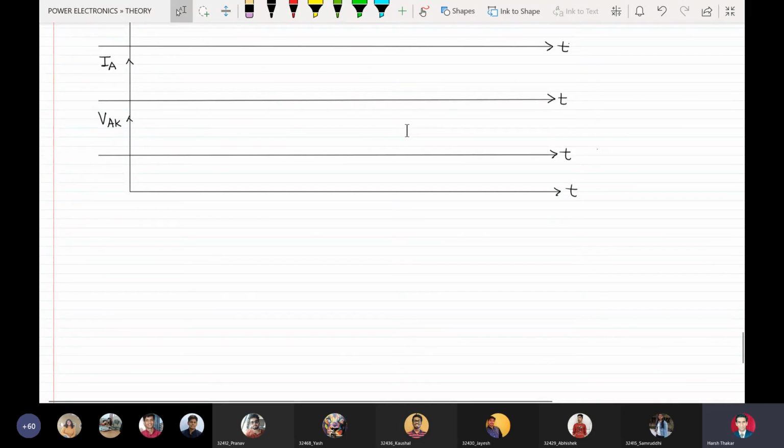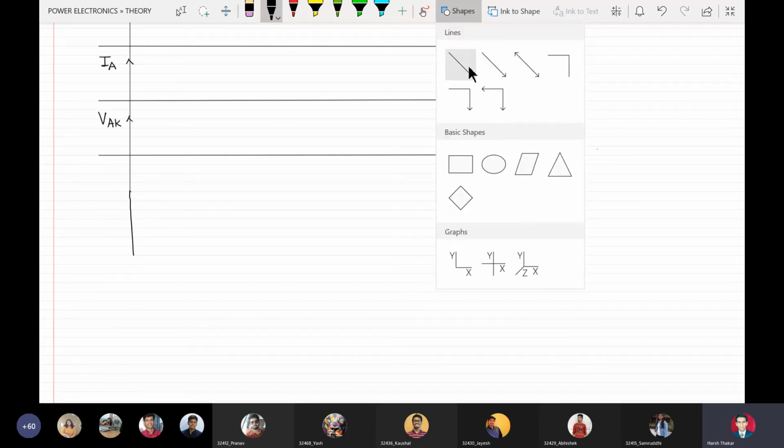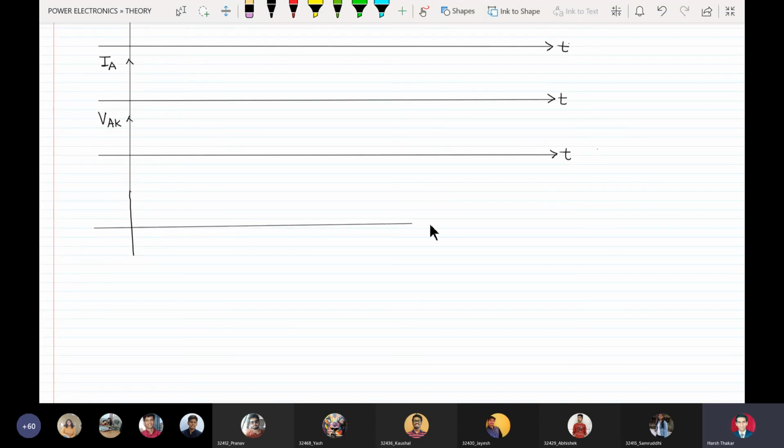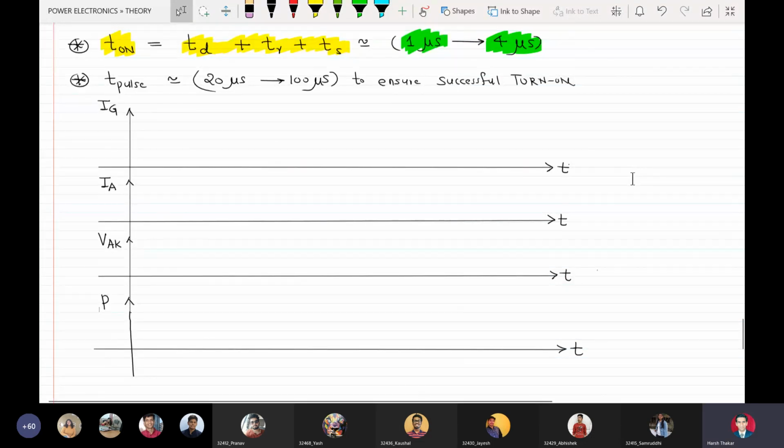Device drop VAK. This is my power loss P. Okay, so we have only a few minutes, but at least we can put the markers here.